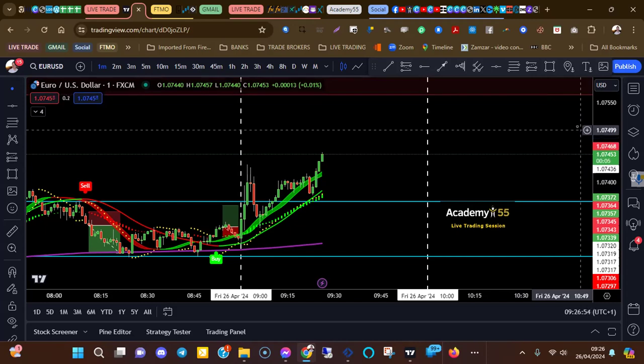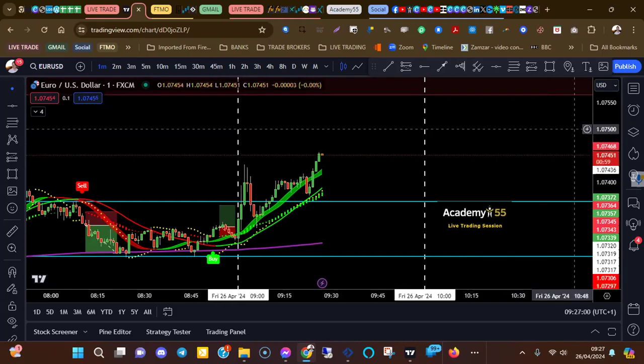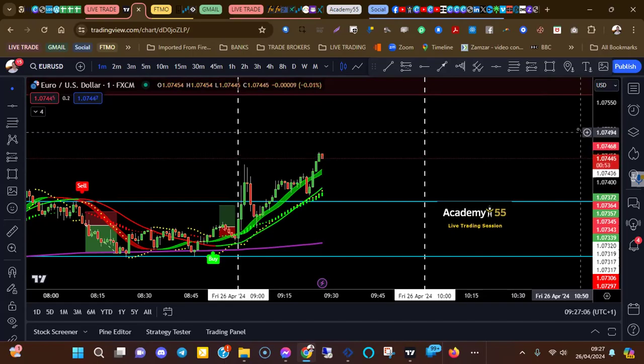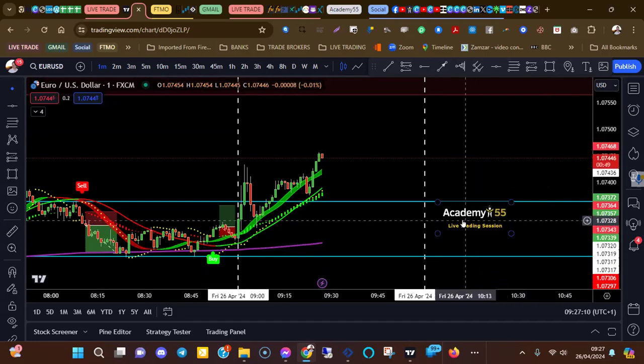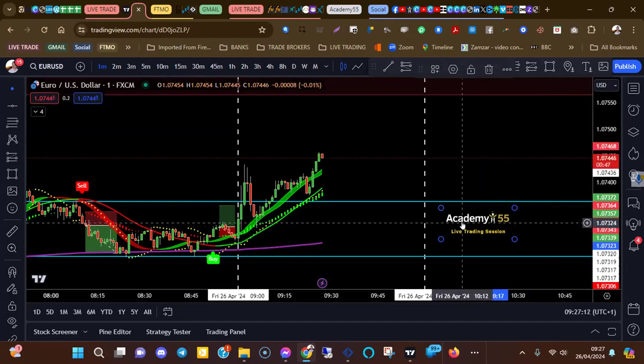Be interesting to see what price does at this area here, where it says 1.07500. This is what we call a psychological level, where sometimes price stalls a little bit and has a rethink.